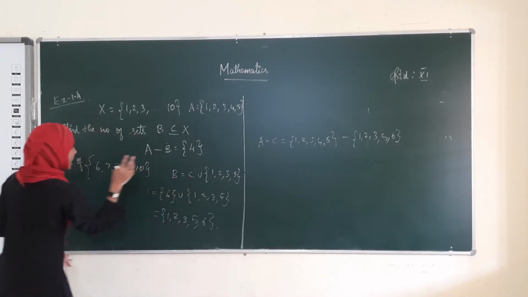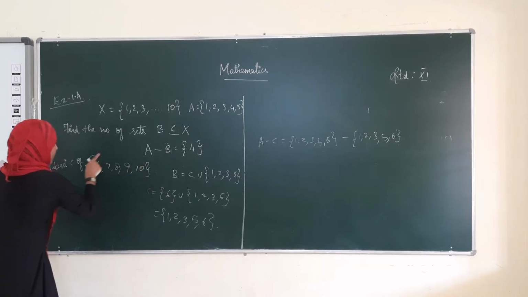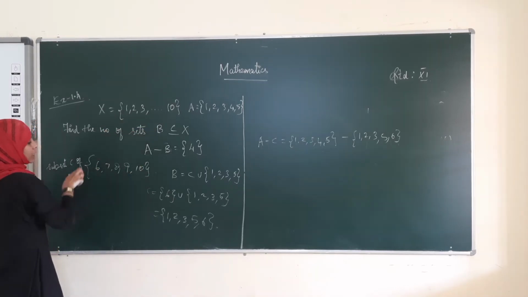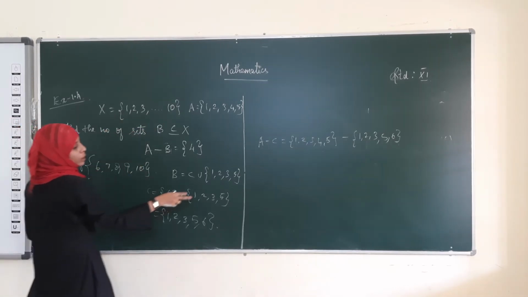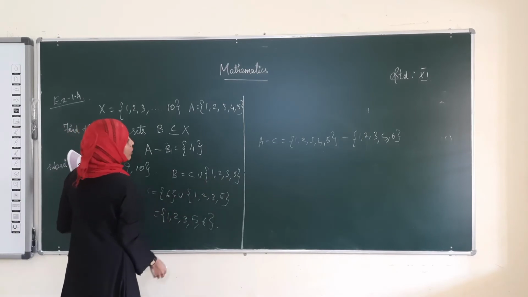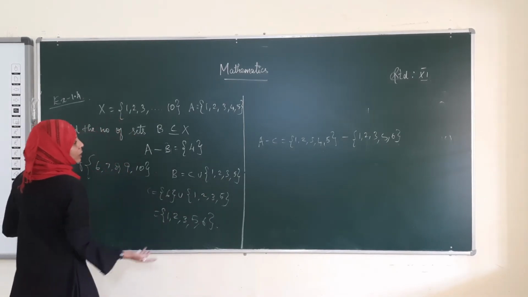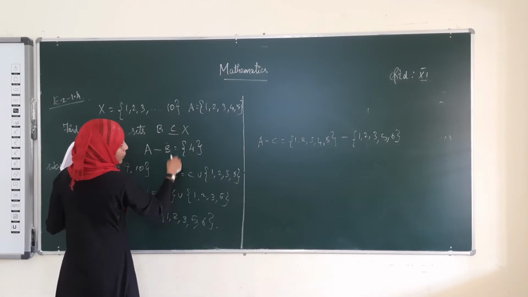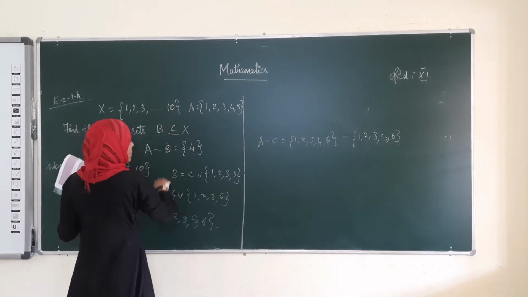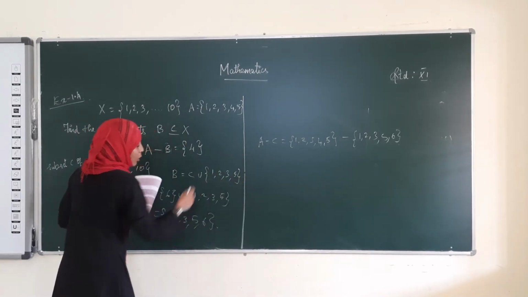Therefore, every set of the type B should have 1, 2, 3, 5. So we are taking subsets from the remaining terms, and then combining them with 1, 2, 3, 5. Then only, when subtracting A minus B, we will get the answer as 4.